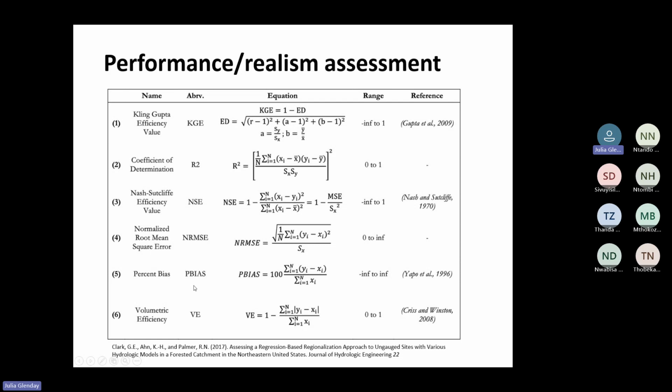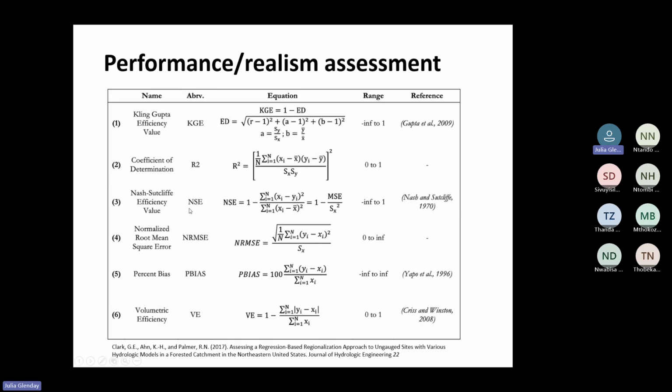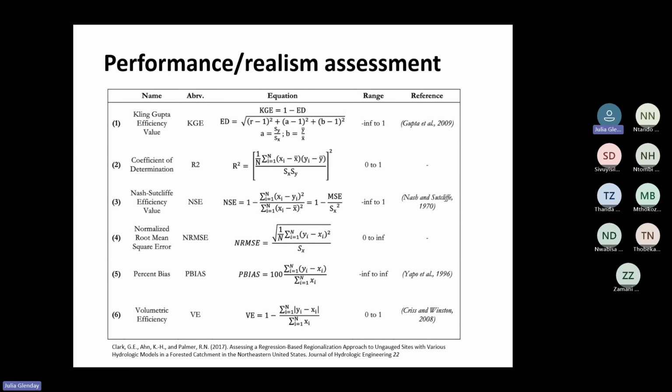So some statistics, you've probably seen a lot of these before, some of them maybe not. A more common one these days is the Kling-Gupta efficiency value, which is a combined statistic that in practice combines the coefficient of determination, the NSE and the p-bias into one index, which is nice in some ways, but it can be a bit more confusing to interpret because it's combined.